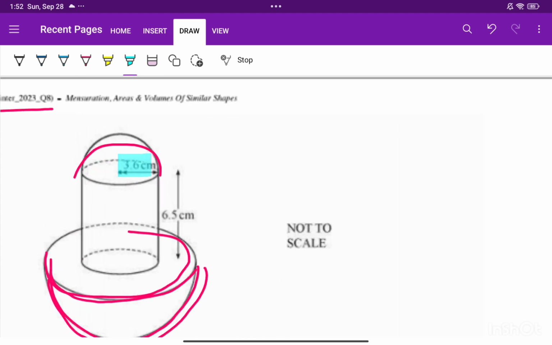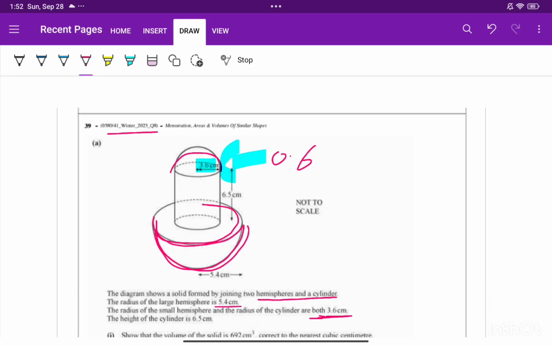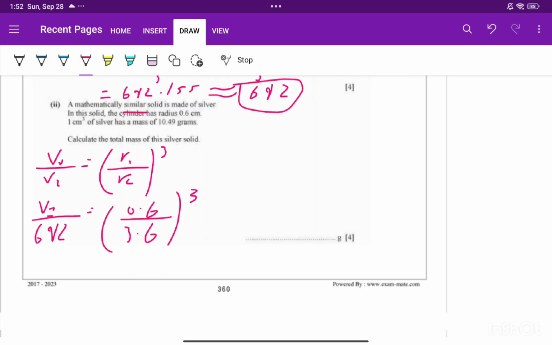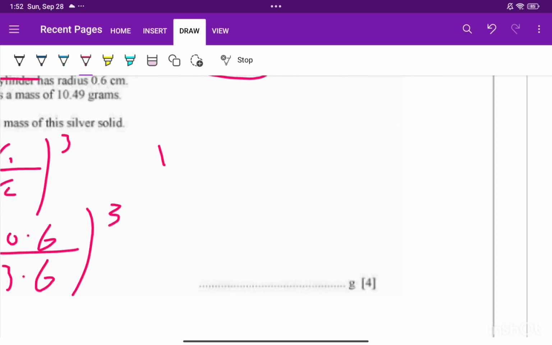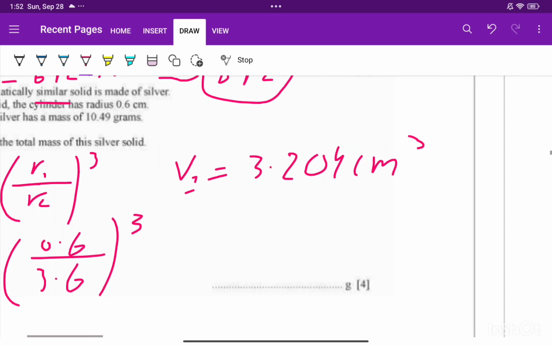This was 3.6, but in the new similar solid, this is 0.6. Okay, so we write 0.6, and then V1 will be equal to 3.204 centimeter cube.